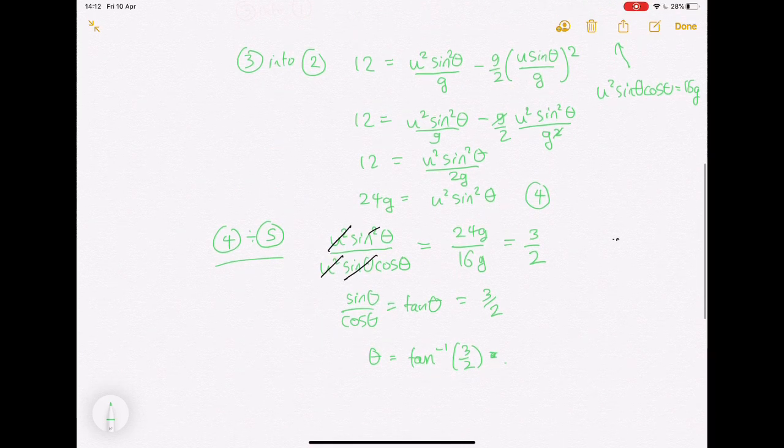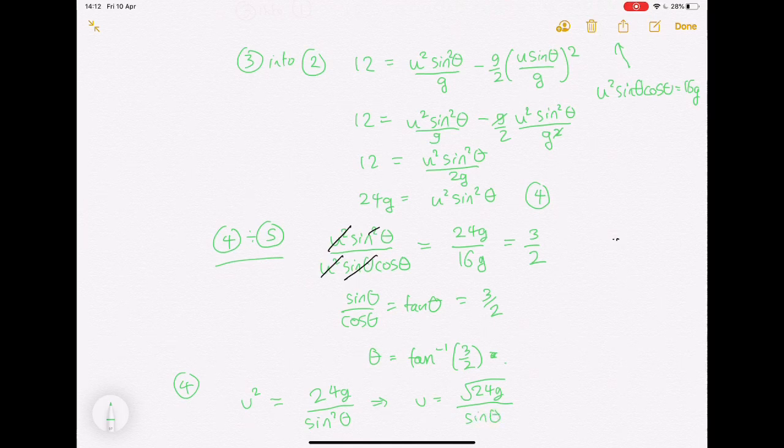If we take equation 4, we know that u squared equals 24g divided by sine squared theta. So u, and u is positive, is root 24g over sine theta.